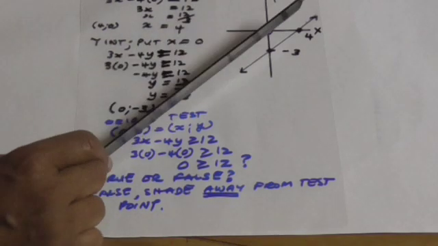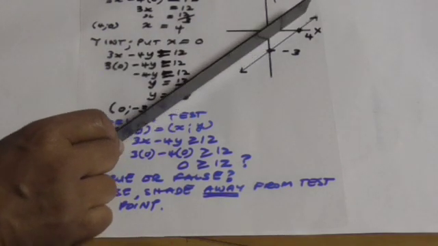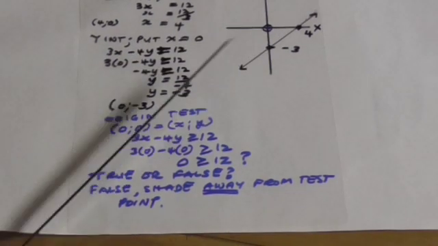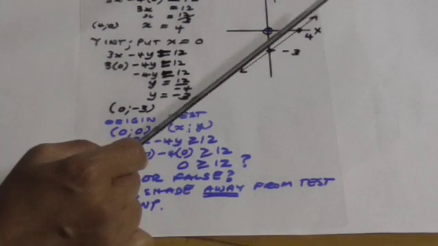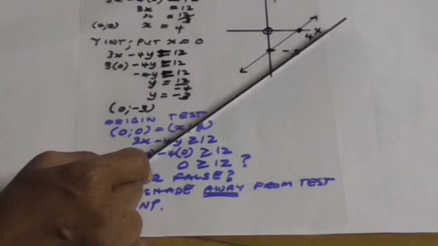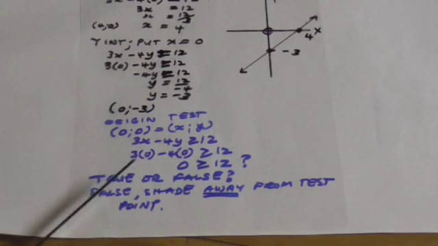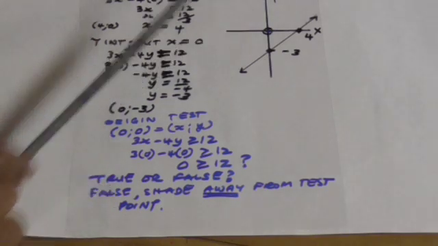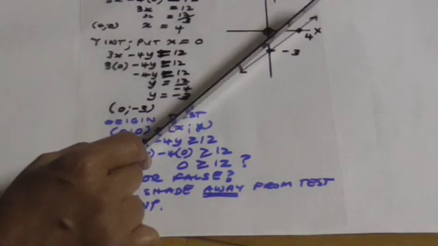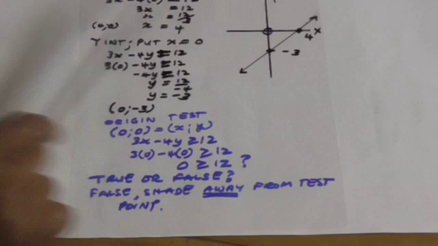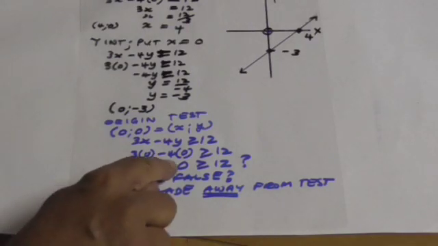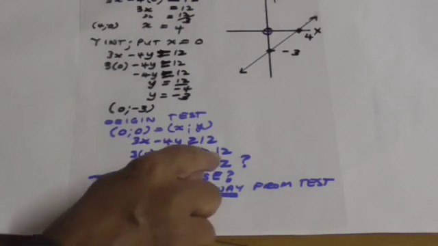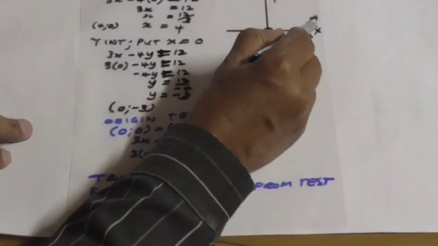If it's true, you will shade towards the testing point. If it is false, you will shade away from the testing point. So in this case, our test is false. 0 is greater than 12 is false. Therefore, you will shade below the line.